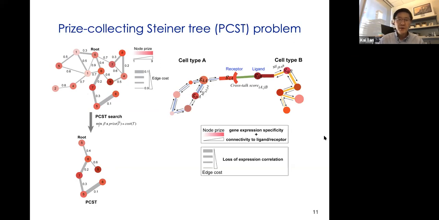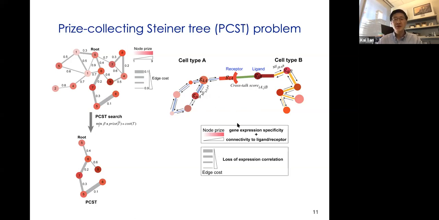So in our problem, we also have node price and edge cost. So the nodes are genes, edges represent interactions between genes. We can construct this integrated network using single cell RNA-seq data. So let me just explain a little bit more. So here, the node price contains 2 kinds of information.